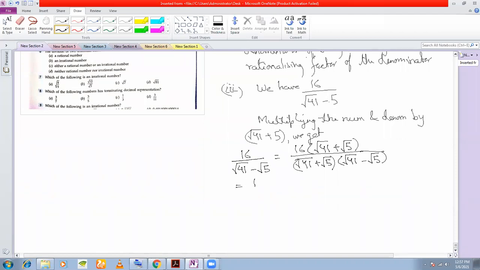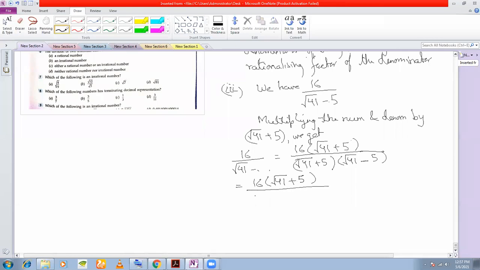Now if you see, leave the numerator as it is, 16 into root 41 plus root 5. Okay, this is only 5, not root 5. These are all 5s. There is no square root here. Root 41 plus 5, and this is minus 5. Even this is simply 5.